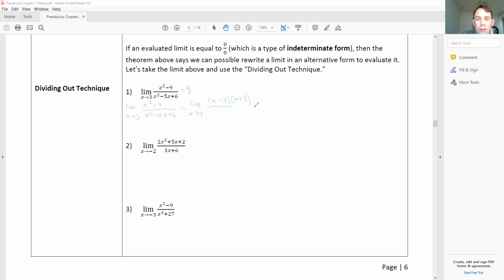So if I factor the top and I factor the bottom, I get x minus 3 and x minus 2. And since they both have x minus 3 on the top and the bottom, I can cancel that out. Notice that's x minus 3, that was the factor that was causing my limit to end up being 0 over 0, causing my limit to be in indeterminate form.